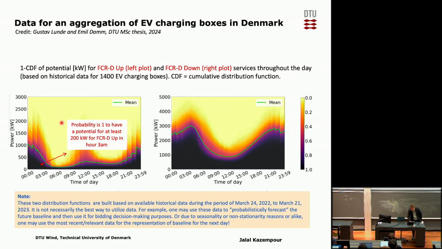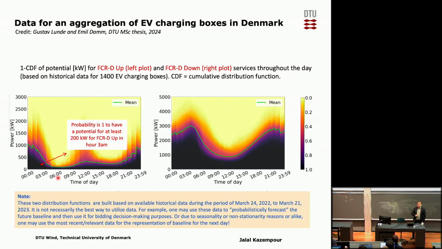So in every minute, you have a distribution of available flexibility. Is it a given fixed number? No. There is a distribution of available flexibility up for every minute. How did we build that distribution? Based on historical data. Is it clear?